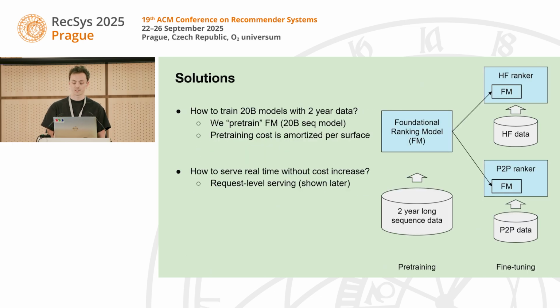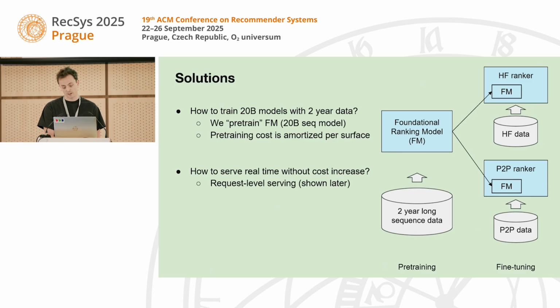Our solution here is to adopt a pre-training fine-tuning paradigm. Specifically, we pre-train our foundation ranking model with 2 years worth of long sequence data, such that the pre-training cost is amortized per surface because it's shared across many downstream use cases.